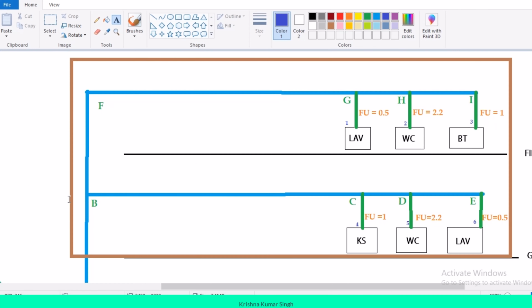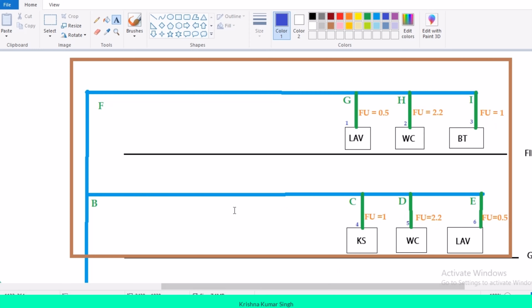Now for B and C, as we know, this length of pipe from B to C is feeding these three fixtures. So the total fixture value over here must equal 1 plus 2.2 plus 0.5. 2.2 plus 0.5 is equal to 2.7, 2.7 plus 1 is 3.7.